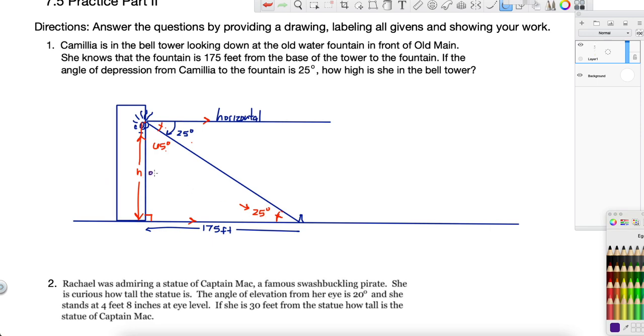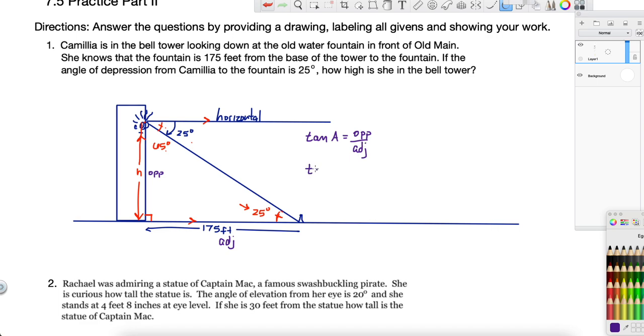It's the opposite leg. And the 175-foot segment is the adjacent leg. This is the hypotenuse, which we're not going to use, because this is another tangent problem. Tangent equals the opposite leg over the adjacent leg.